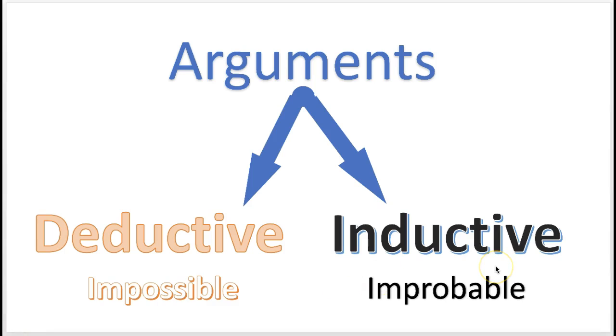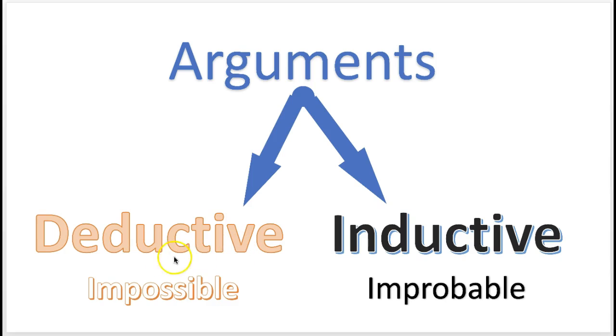Now, an inductive argument is an argument in which the arguer claims that it's improbable for the conclusion to be false if the premises are true. So in other words, someone's trying to prove something to you, and they give you reasons for the conclusion, or reasons that they're going to say that their point is true. They would say that if the reasons are true, then it would be improbable that the conclusion is false.